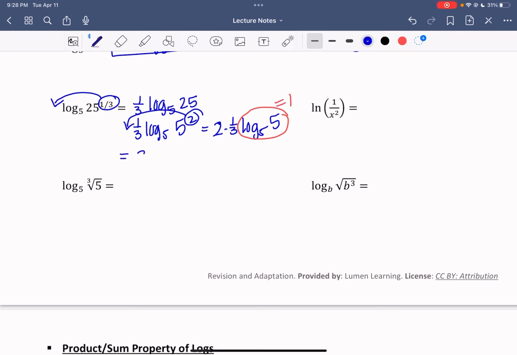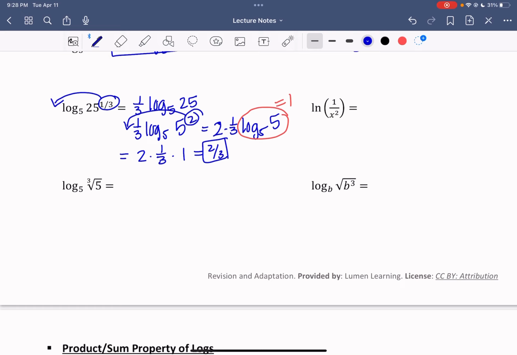So really I've turned this into 2 times 1/3 times 1, which gives me 2/3. So that really went somewhere we didn't think it was going to go, but you can see that exponent property at play and then that inverse property from earlier.